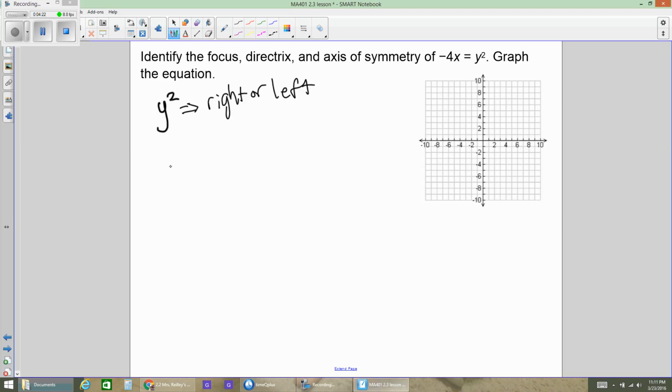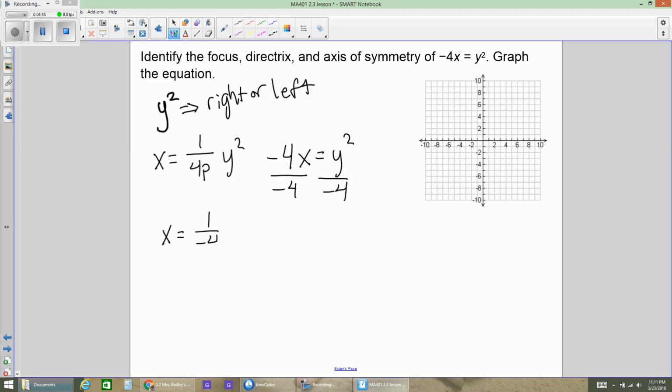Alright, so standard form is x equals 1 over 4p y squared. So for our problem, we have negative 4x equals y squared. We need to go ahead and divide by the negative 4. And we're going to get x equals 1 over negative 4 y squared.